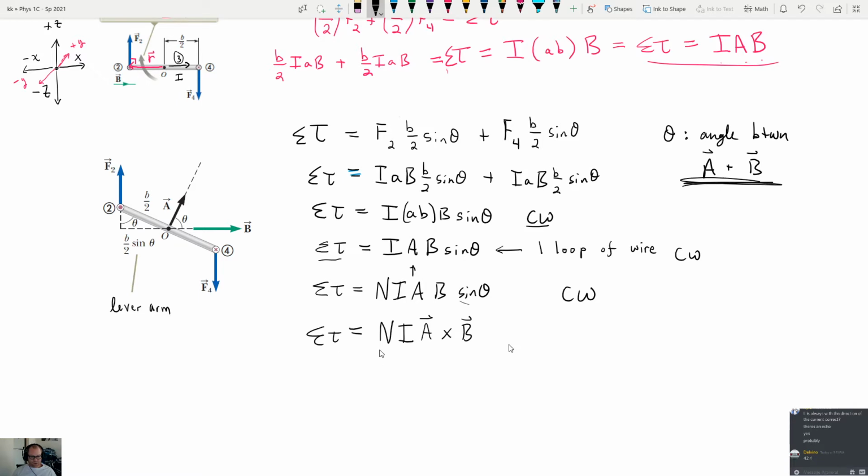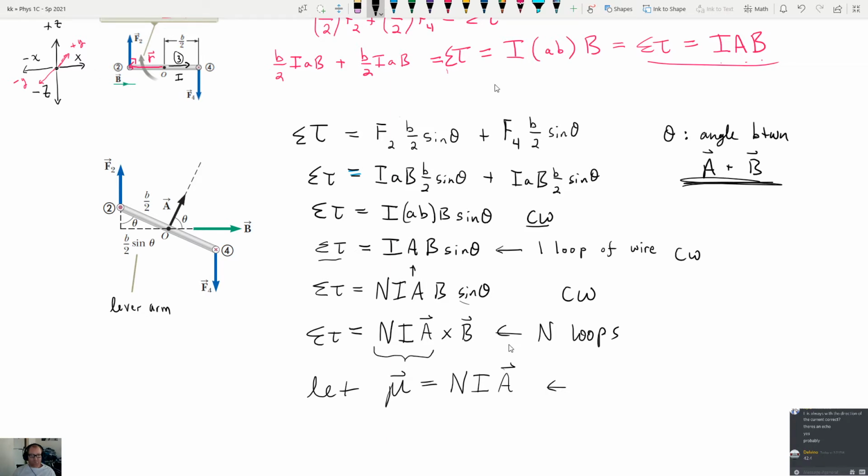So what we'll do then is we're going to say take this piece in the front, okay? And we're going to say let mu, which is a new vector, be equal to the number of turns in the loop. By the way, this is for n loops of wire. We're going to call this magnetic moment. Mu is going to be equal to n times the current multiplied by the area vector.